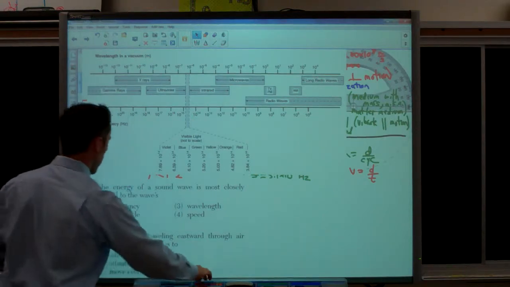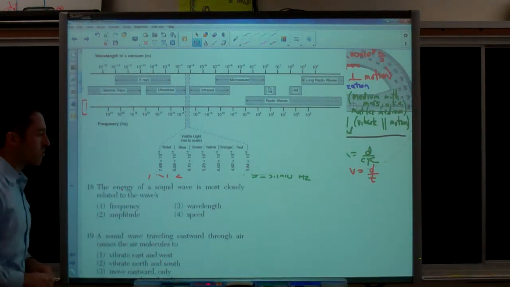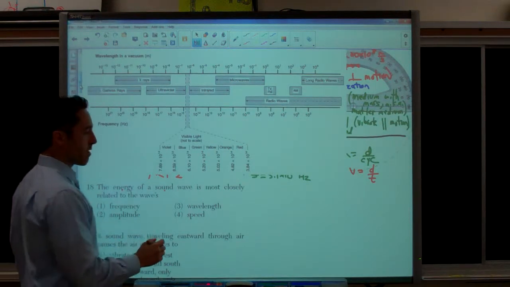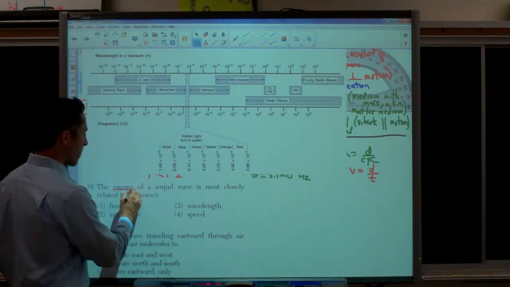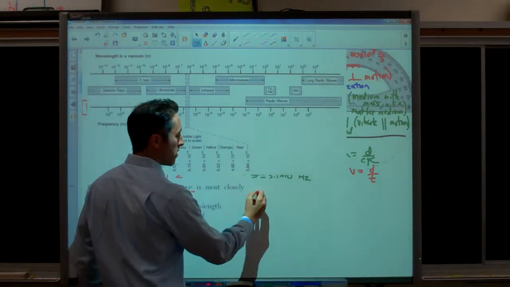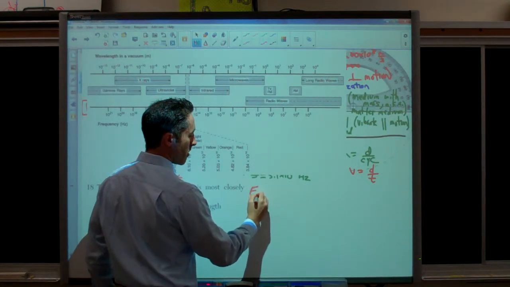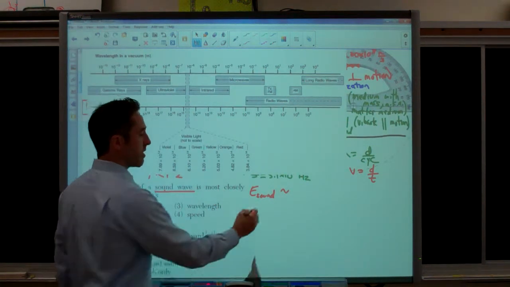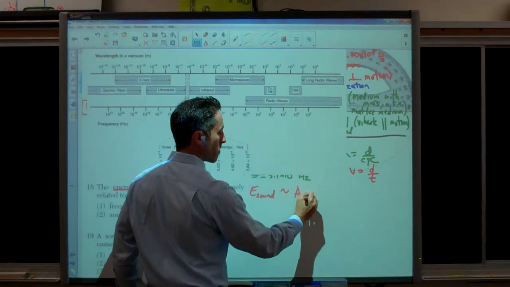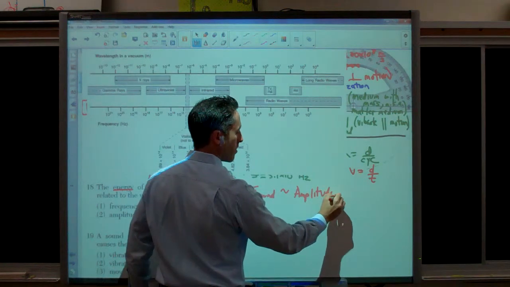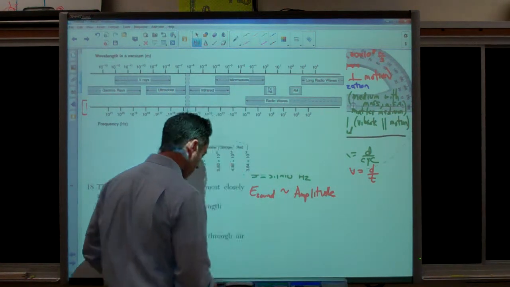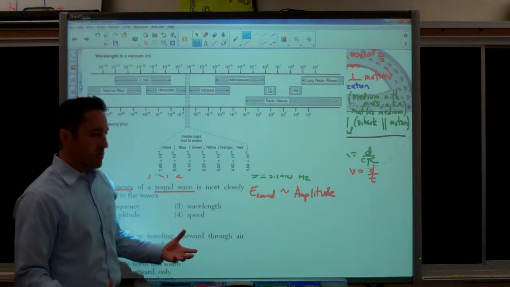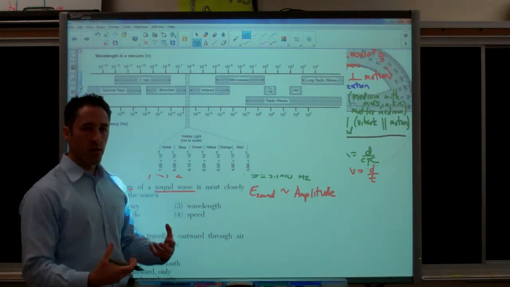So question 18. The energy of a sound wave is most closely related to. All right, this is worth your while and it's something you have to memorize. The energy of sound is most closely related to its amplitude. This is something you have to put in your mind, but one way you can think about this is, what's some way you can feel the energy of sound?